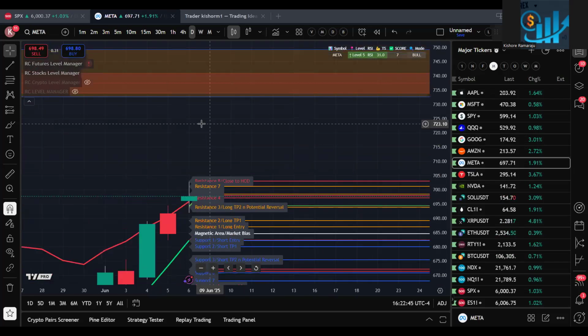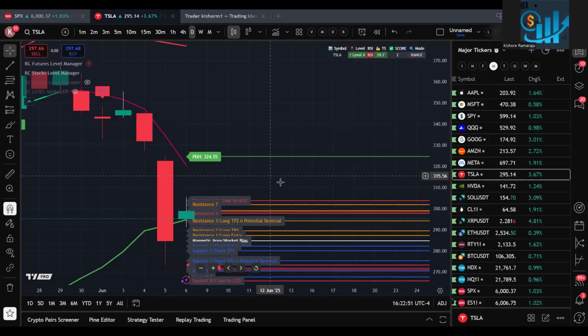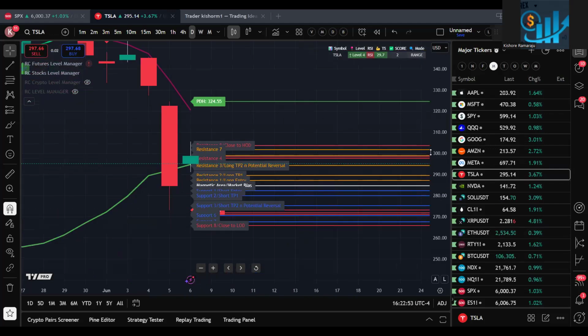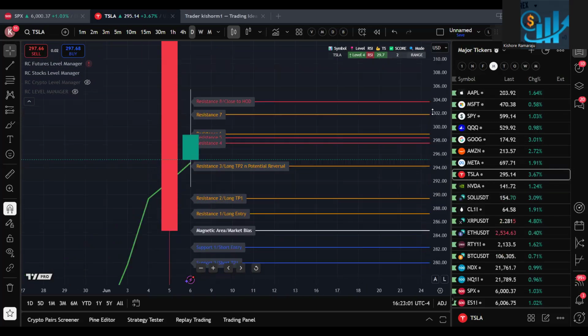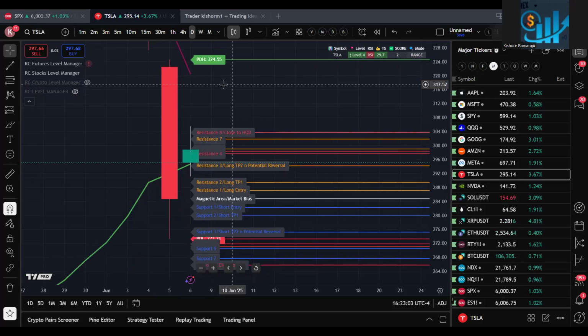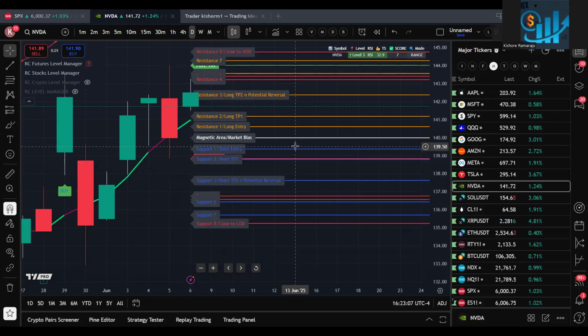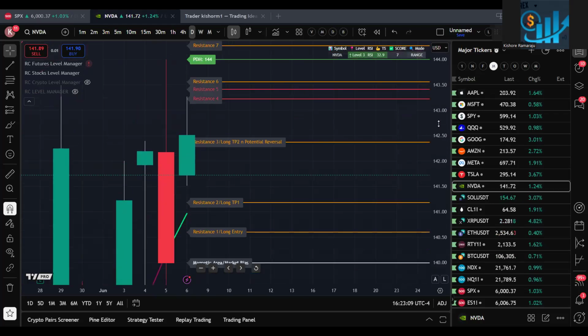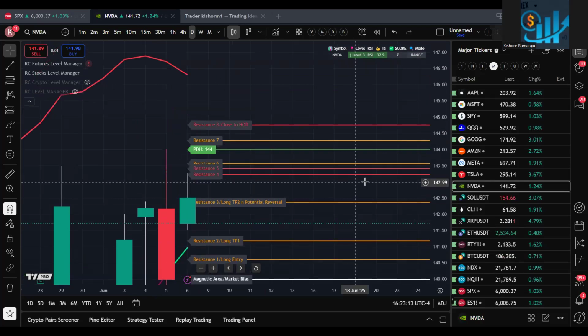So there is a high chance for Meta to go until 7:30. Not tomorrow, but whereas Tesla earlier came all the way down, but yeah, it stayed above the magnetic area. So Tesla can go tomorrow. Nvidia is above the magnetic area, so Nvidia can go further high.